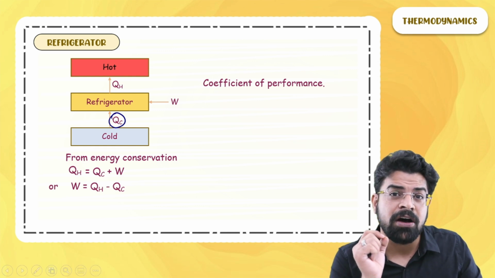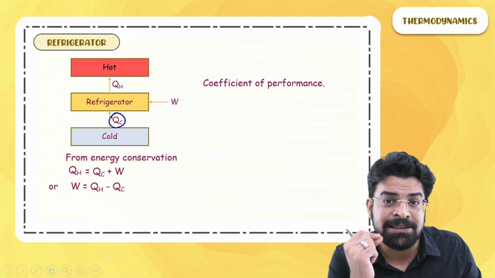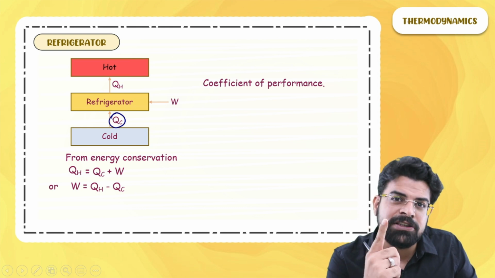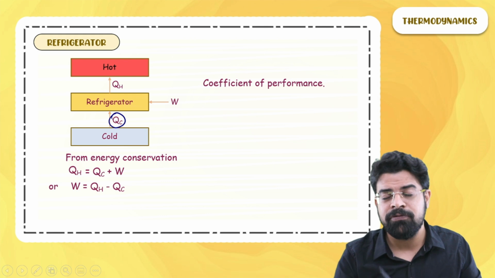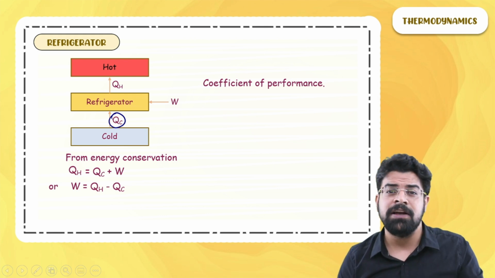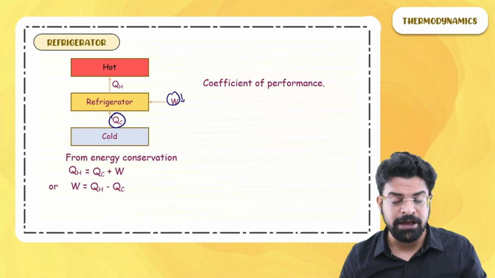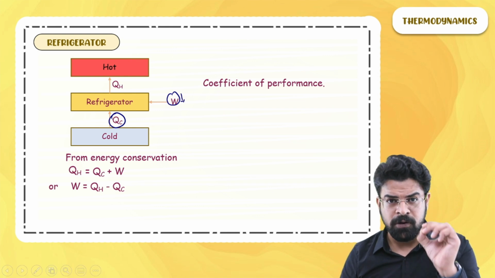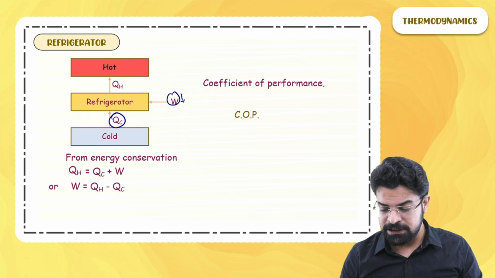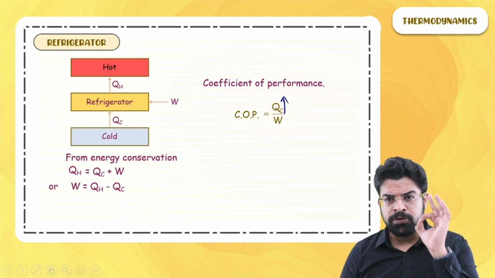It can extract a lot of heat from what is inside it. And this refrigerator will be called super duper if it consumes very less amount of electricity to do so. So a very less amount of work input has to be given. So coefficient of performance is nothing but the heat extracted from the cold object upon the work done. The higher the value of QC, the more awesome your refrigerator is.